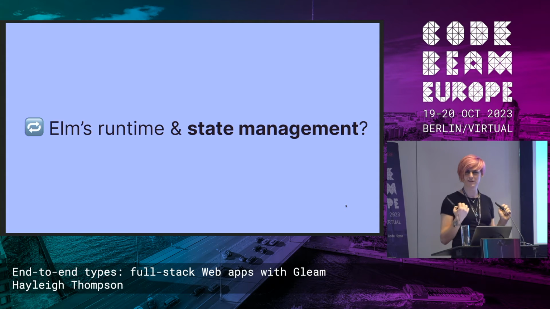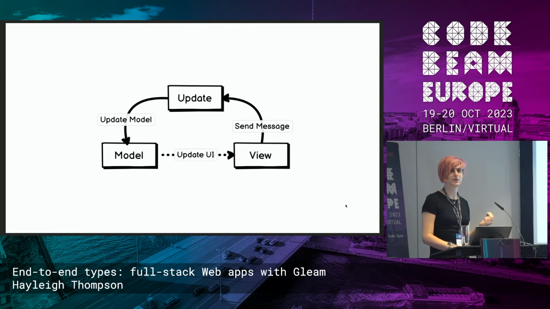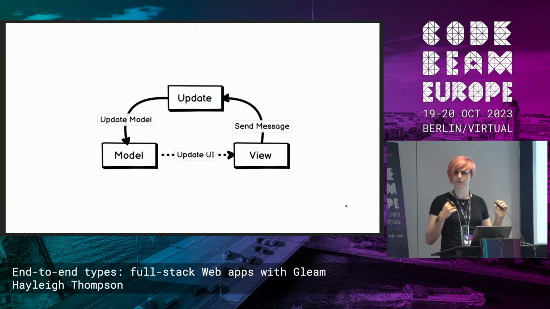I said we'd put a pin into this and talk about why this is interesting. Elm, unlike most other web frameworks, has a fairly different view of how your front end should work. It comes with a runtime and a very opinionated state management system on top. This is called the Elm architecture in that community, or the model view update architecture in the wider front-end community.